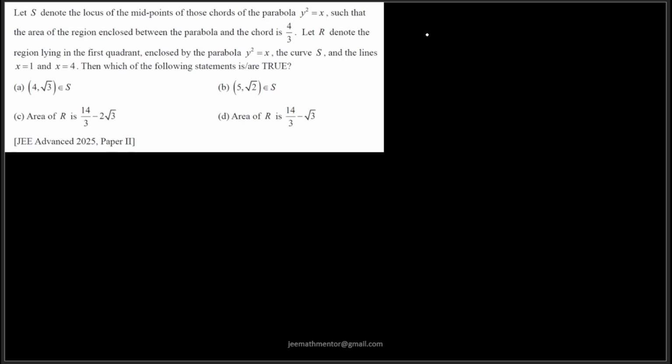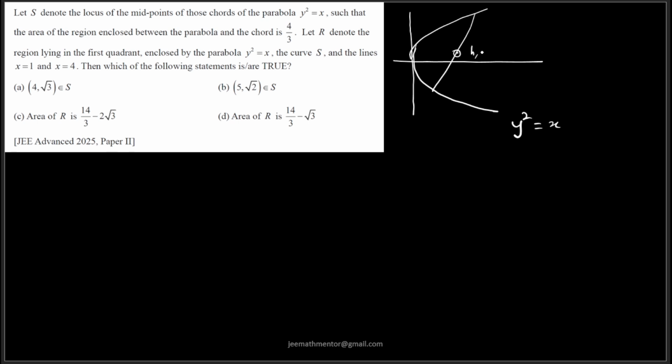So, of course, to understand, let us first draw a rough sketch of the parabola, which is y squared equals x, and the chord whose midpoint's locus is required. So let us assume the midpoint to be h comma k. Correct.